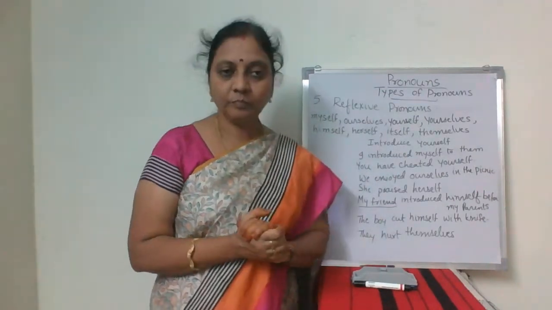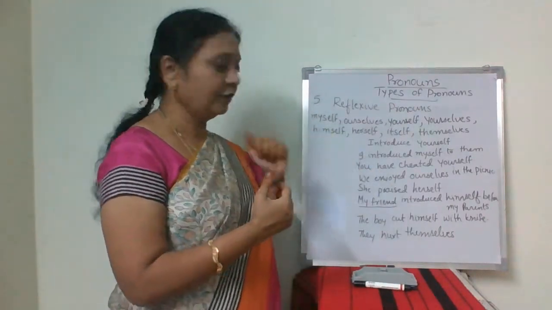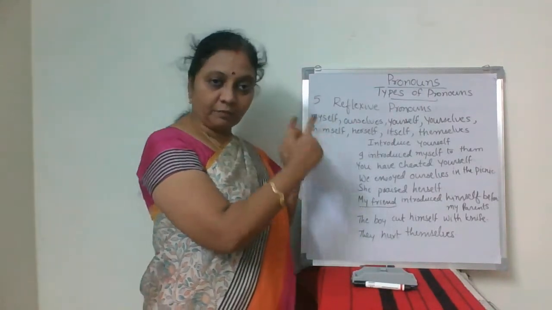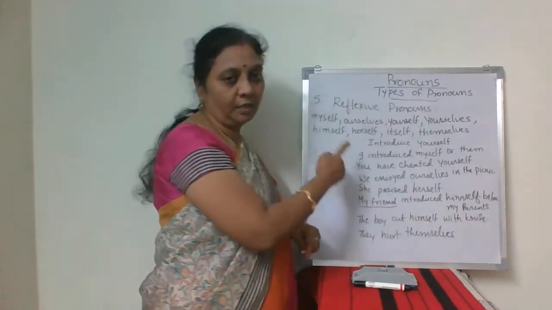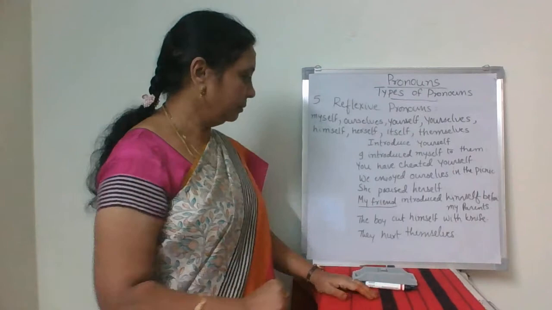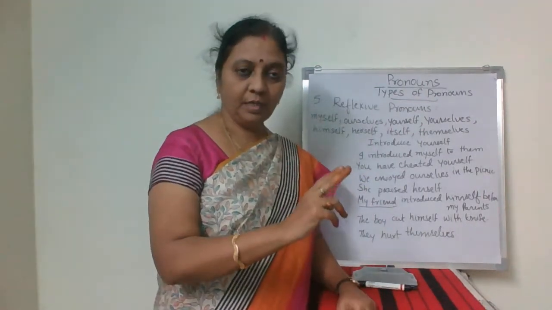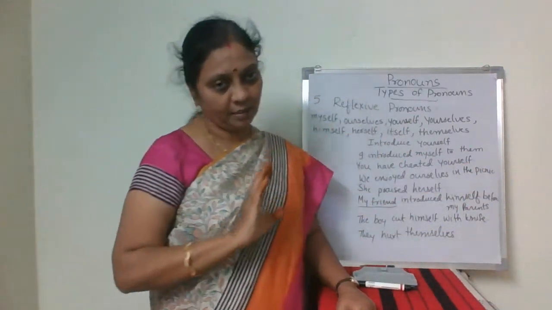Now, how do we use these reflexive pronouns? The reflexive pronoun which you are using must match the subject in the sentence. For example, if your subject is you, then the reflexive pronoun yourself must be there in the sentence.